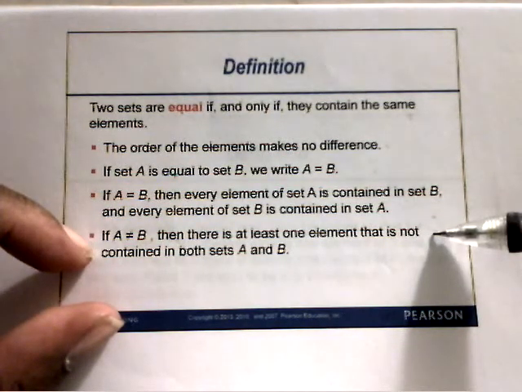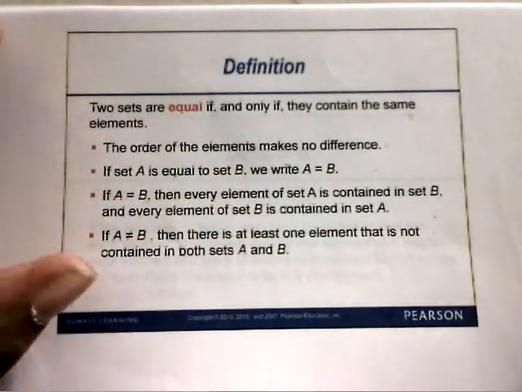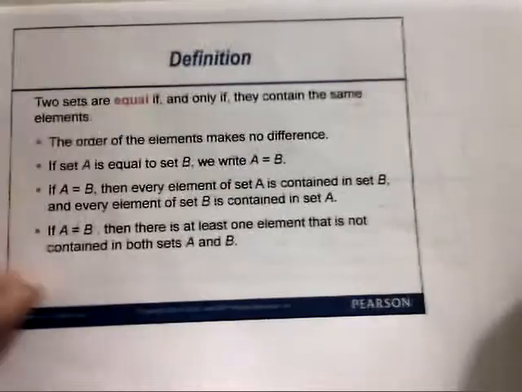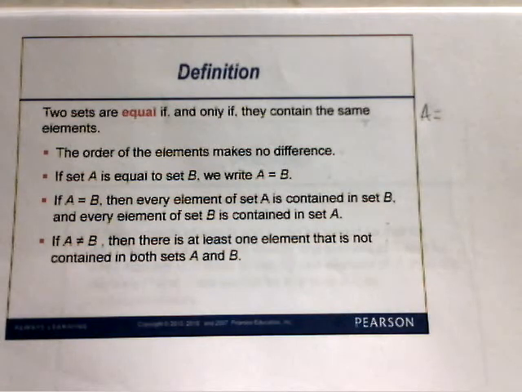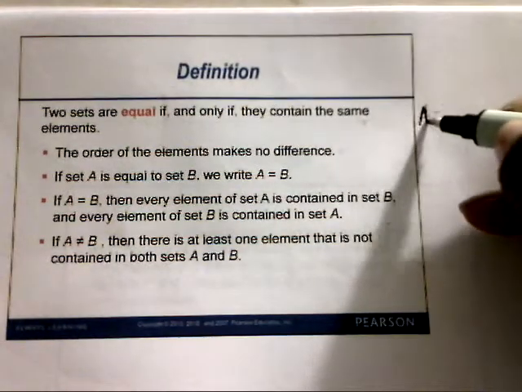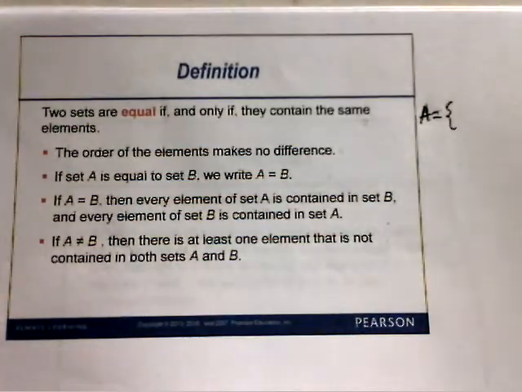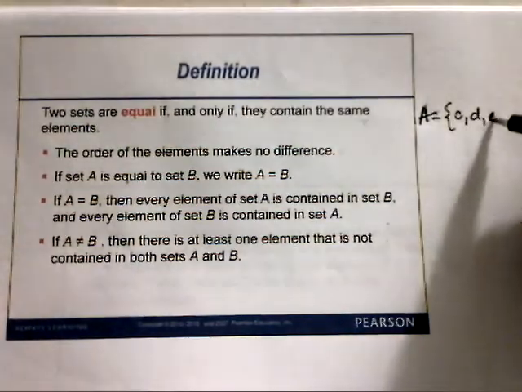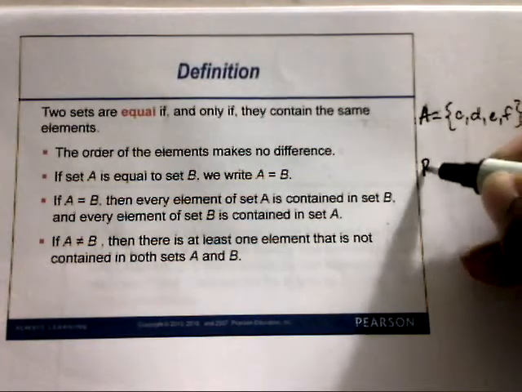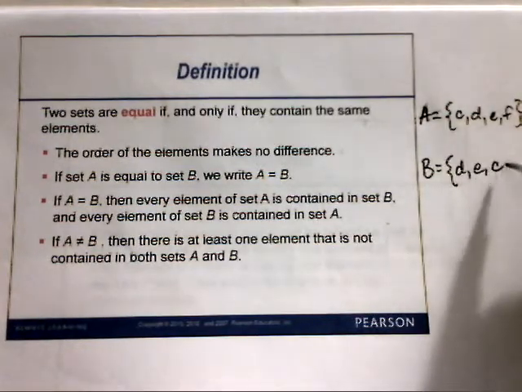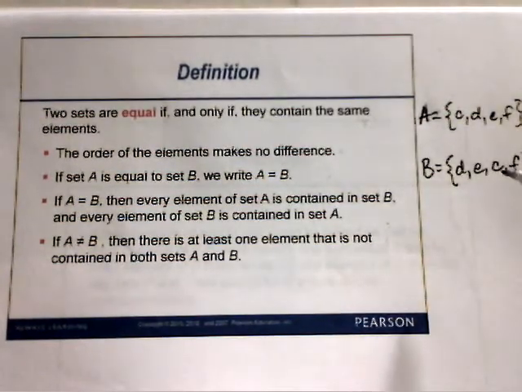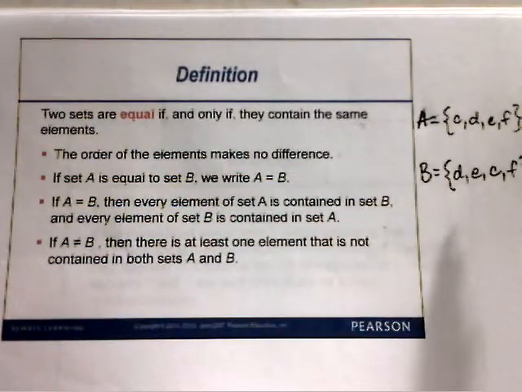And if A is not equal to B, then there is at least one element that is not contained in both sets A and B. So in this case here, let's say that set A had these elements, C, D, E, and F. And B had, let's say, D, E, C, and F. Those elements are out of order.